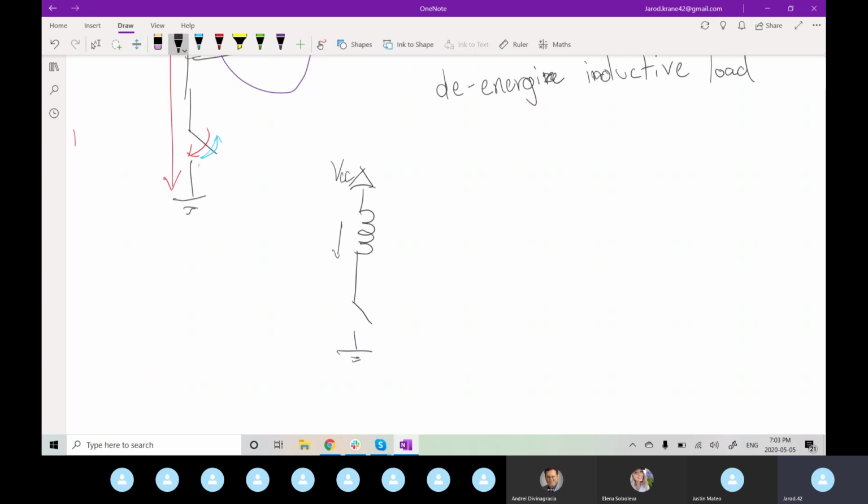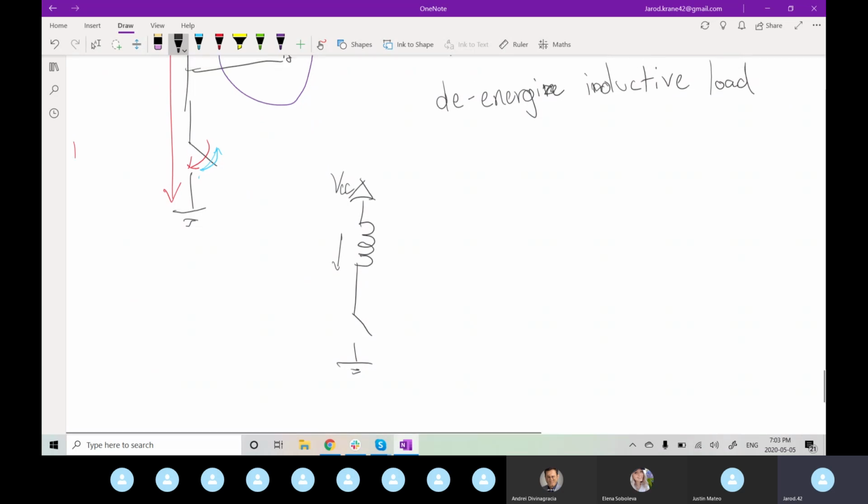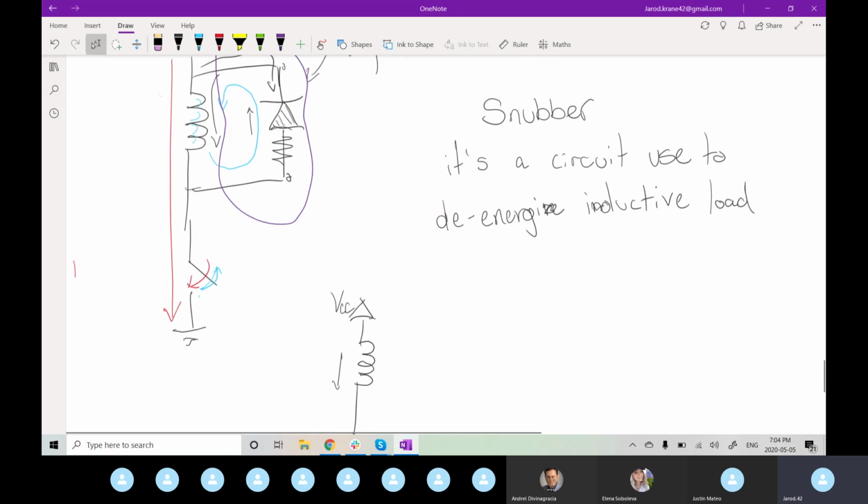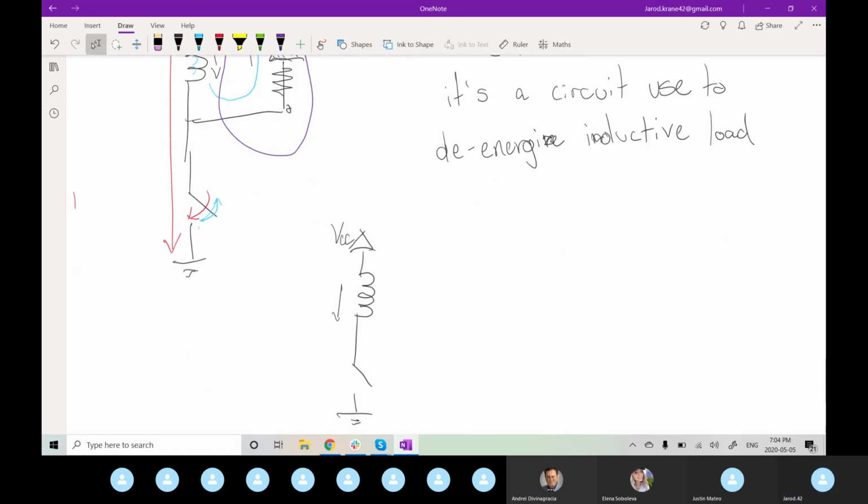That's what you're actually using. And then by adding in this extra circuitry in parallel with your inductive load, that's what the snubber is. Okay.